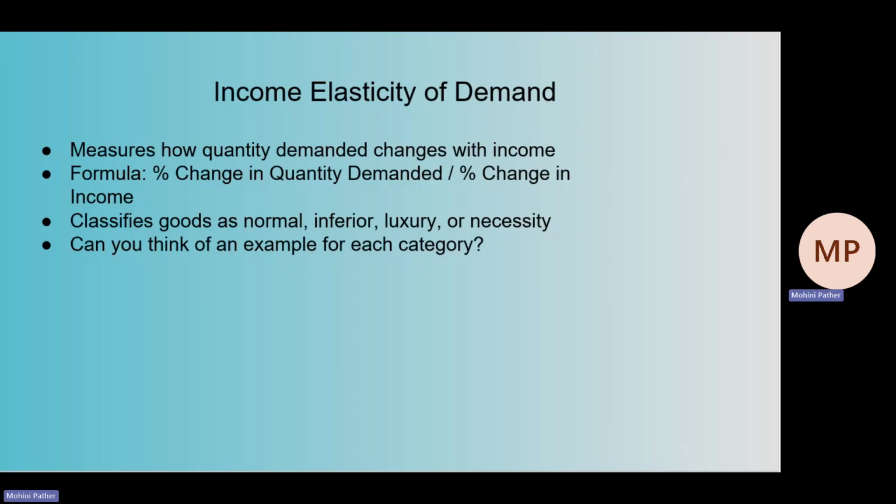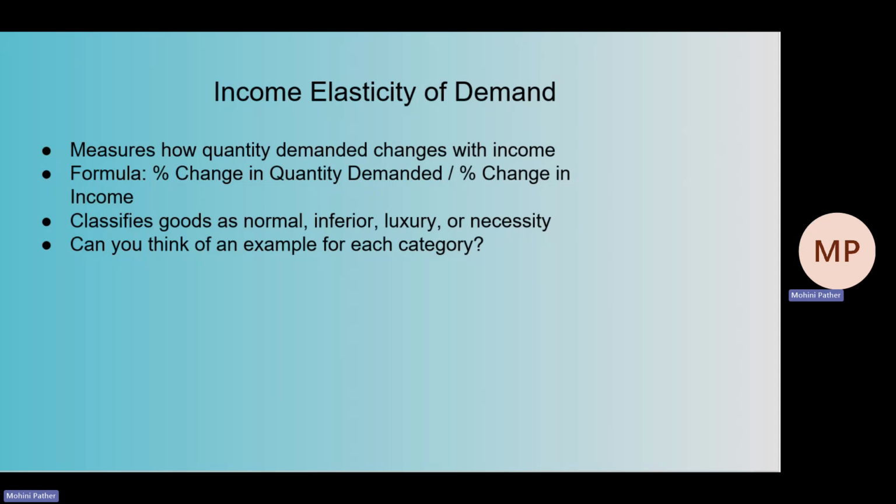Okay. Now we have different types of elasticity of demand. Okay, so there are a few. The first we're going to look at is income elasticity of demand. This measures how the quantity demanded changes with the income. So, of course, you can see how these different aspects always impact demand.